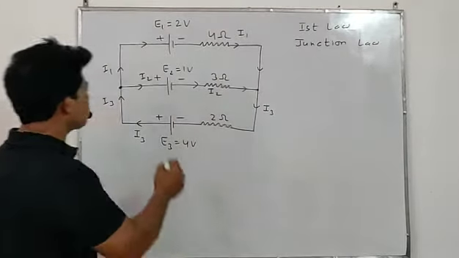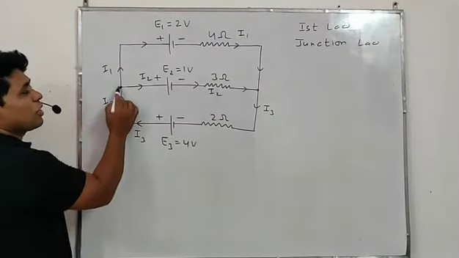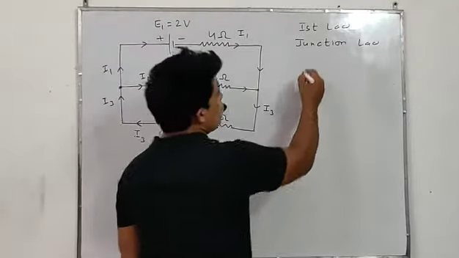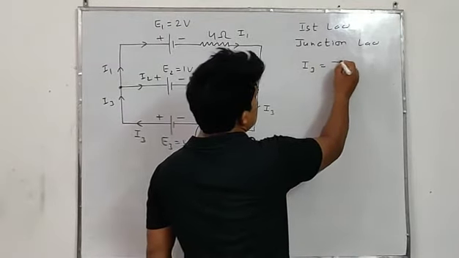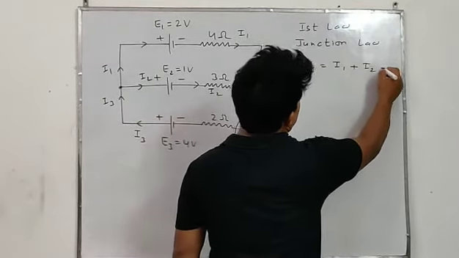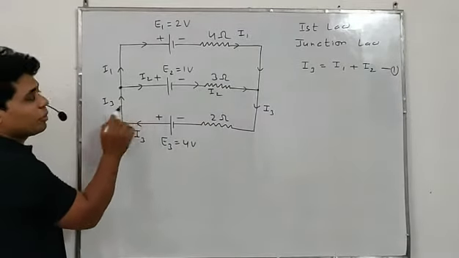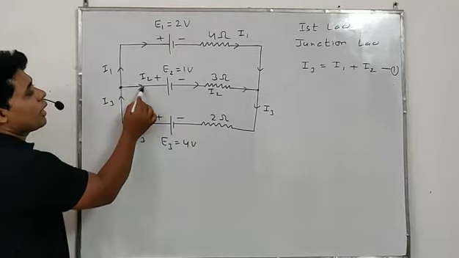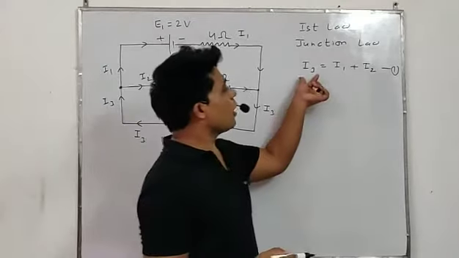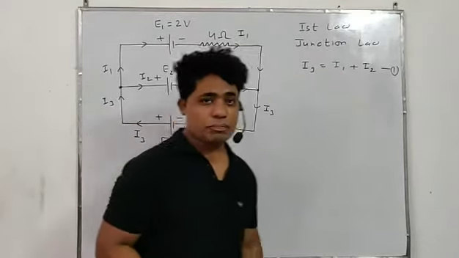At which junction? At this point I3 divides into two parts, I1 and I2. So I3 equals I1 plus I2. Equation number one: the sum of entering current equals the sum of leaving current. I3 is entering and I2 and I1 are leaving.